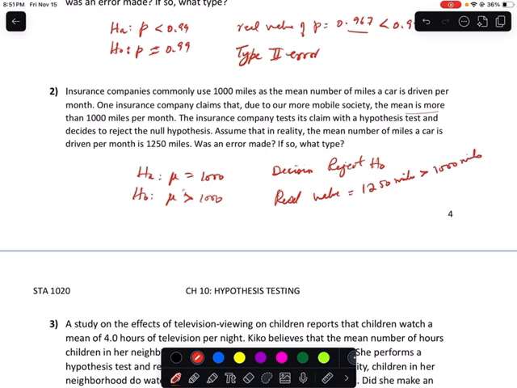So it means the insurance company was correct. So reject the null hypothesis. Yes, the correct decision. So no error.